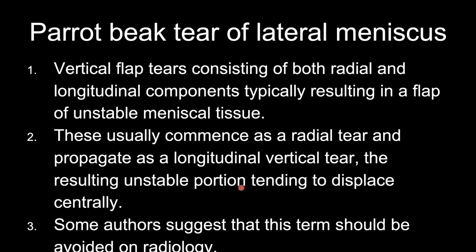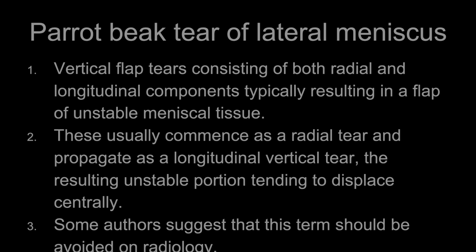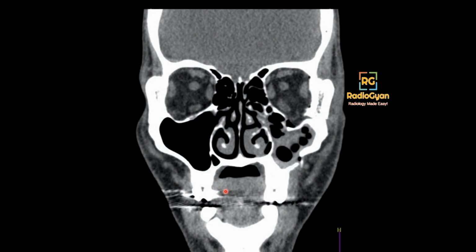These usually start as radial tears and then propagate as a longitudinal vertical tear. Some authors suggest that the term should be avoided in radiology reports and should be used only in arthroscopy reports.